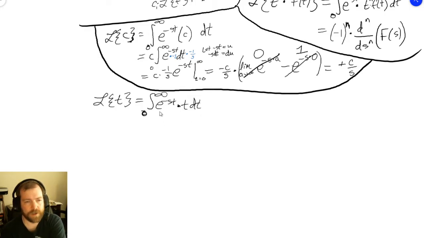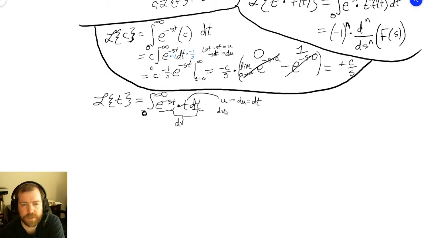What we can do here is say that e to the negative st dt is going to be our integral portion, or the dv that we want, whereas t is going to be the u that we want. So du is just going to be equal to dt when we get there.